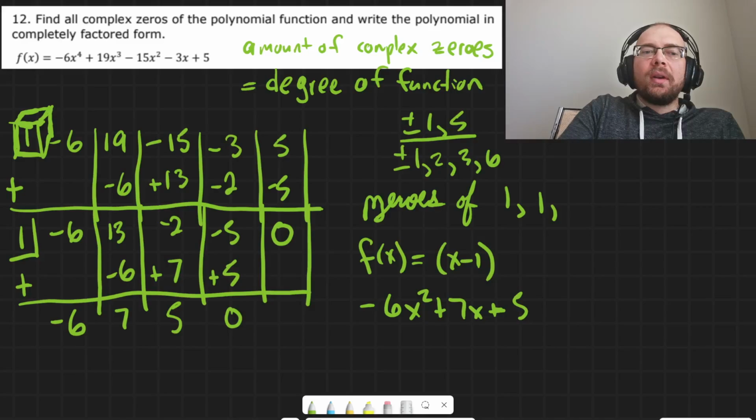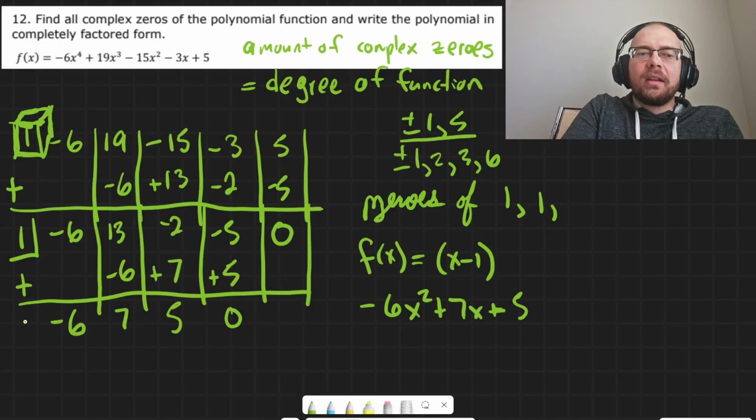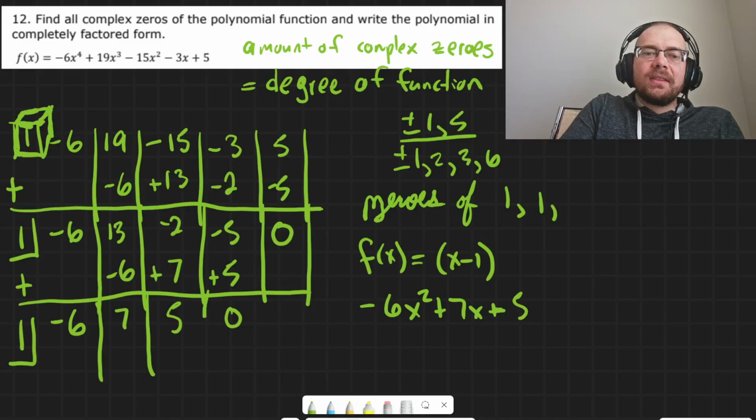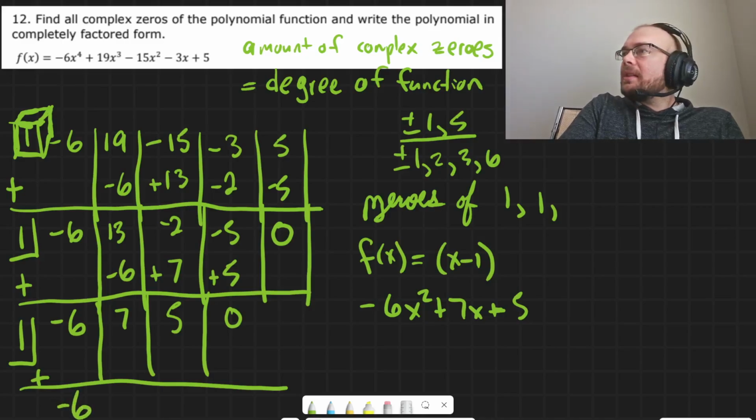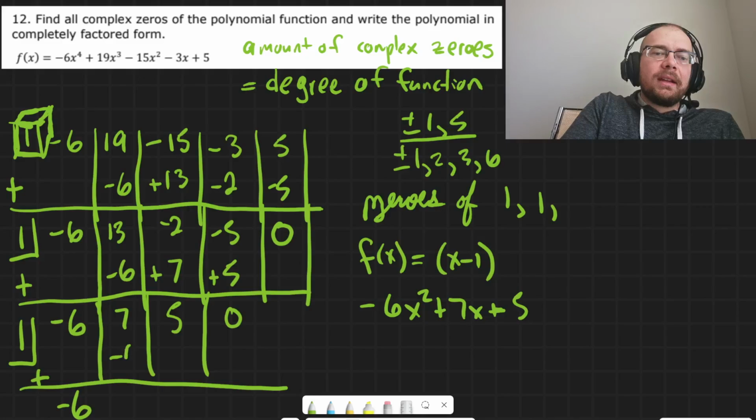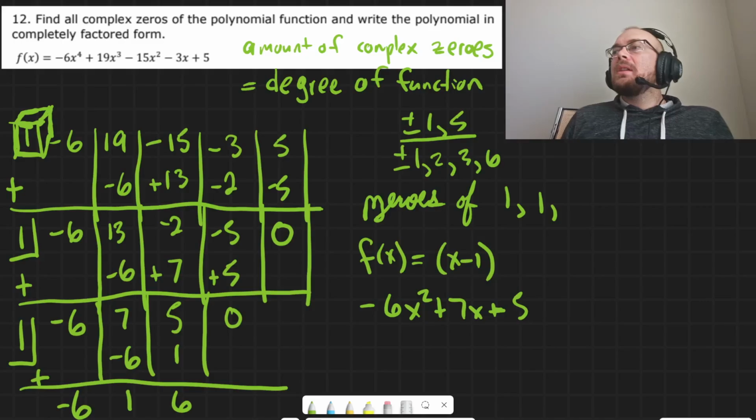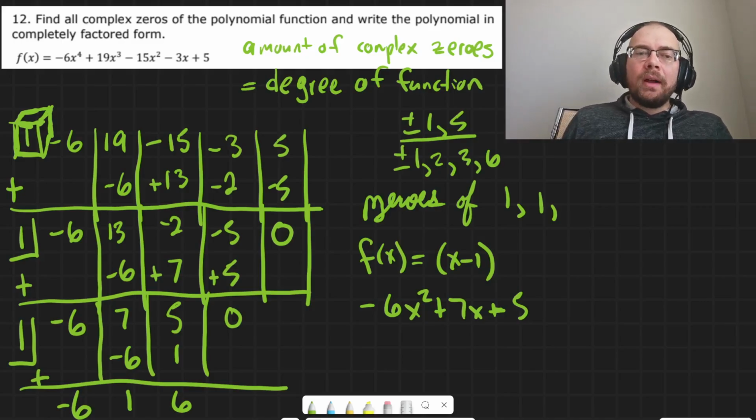Because of the way synthetic works, you kind of have to guess and check. I'm going to show you why synthetic is kind of hit or miss at this point. We kind of just lucked out by finding out that 1 worked several times. But here, can you see that? That'd be -1, that's going to be 1, and then 1, and then 6. So I get a remainder, which means that 1 doesn't work a third time.